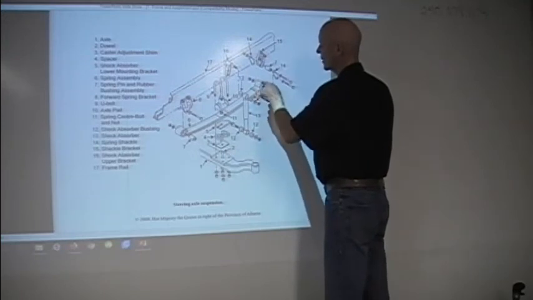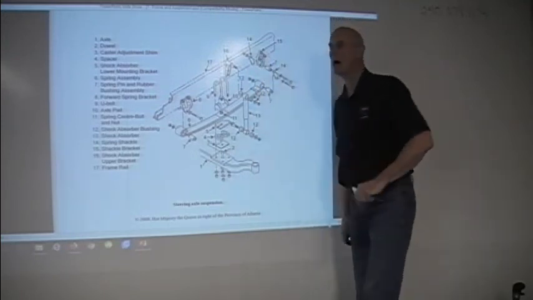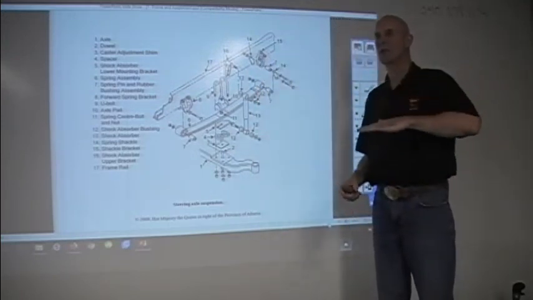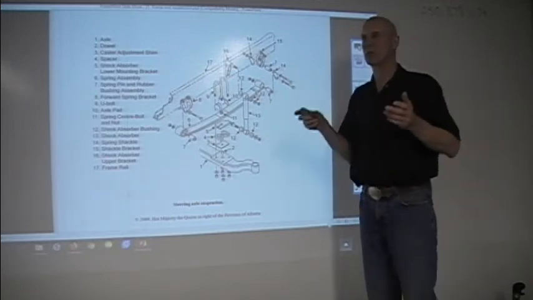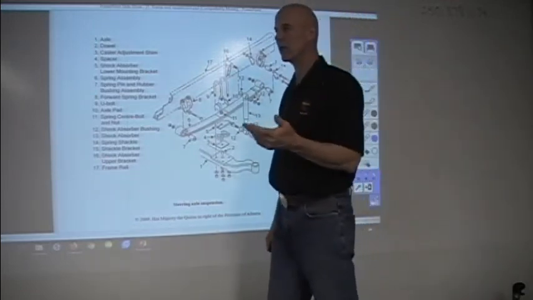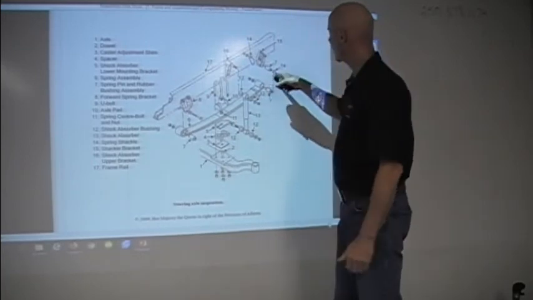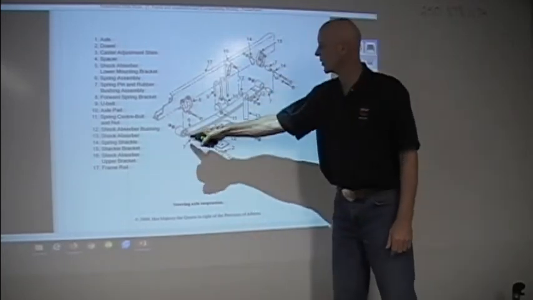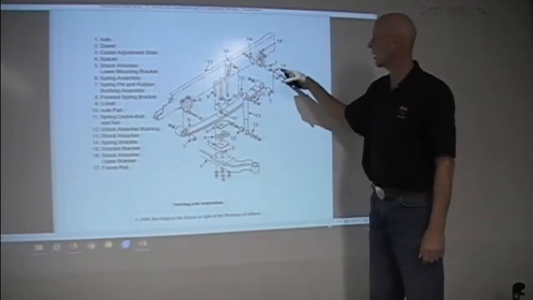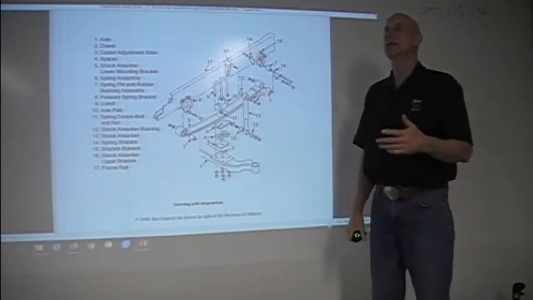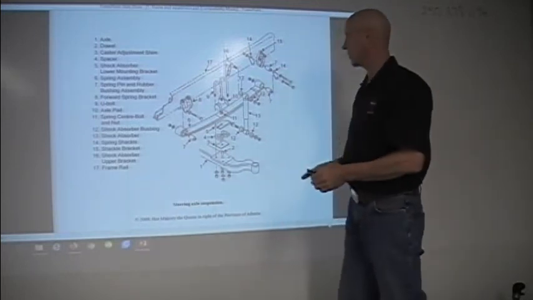What it does, it doesn't have an eye, it just sits in a pocket. And so as the suspension moves, it makes that spring shorter. So it would be a progressive or a variable rate spring. This one here, the way this setup is, with a single anchor point and our adjustable back end there, is a constant rate spring.